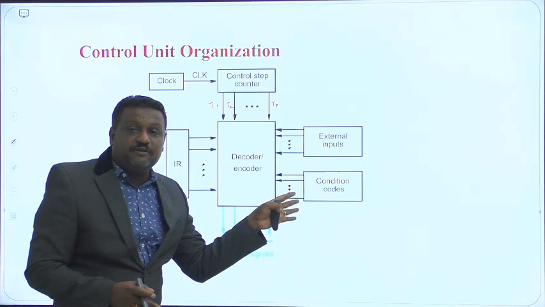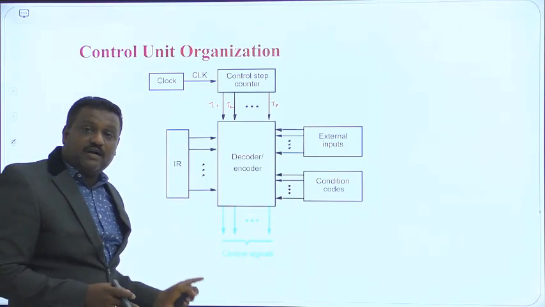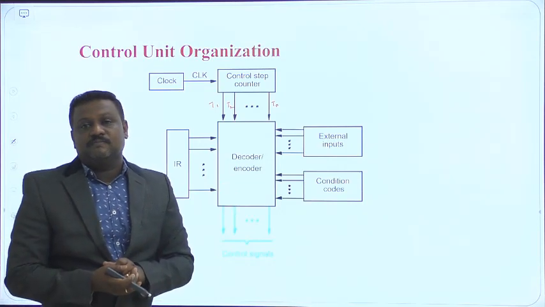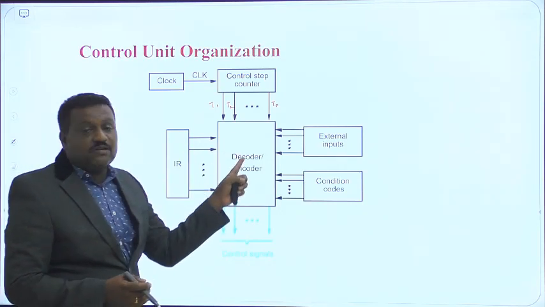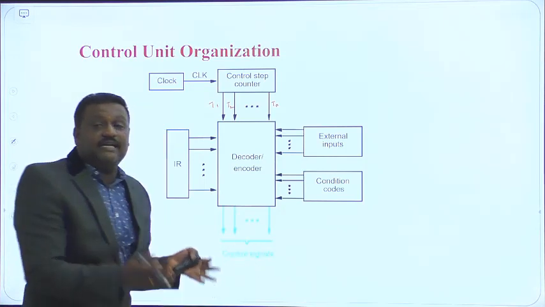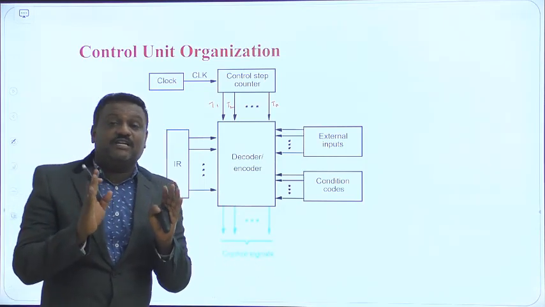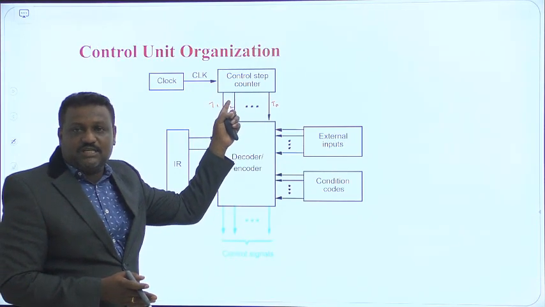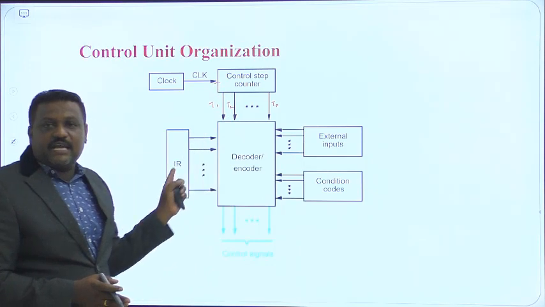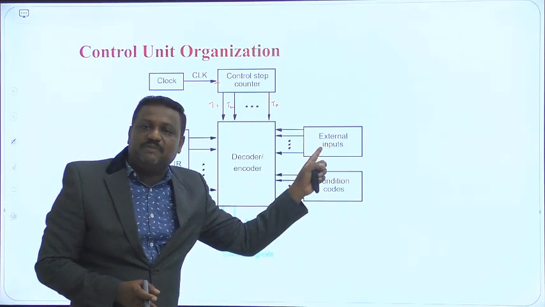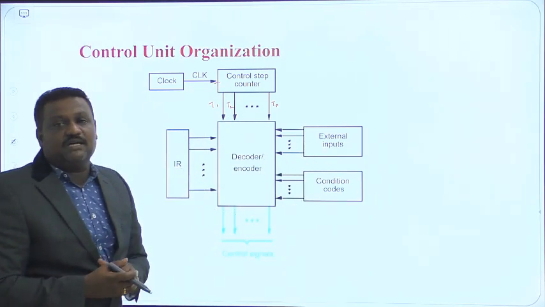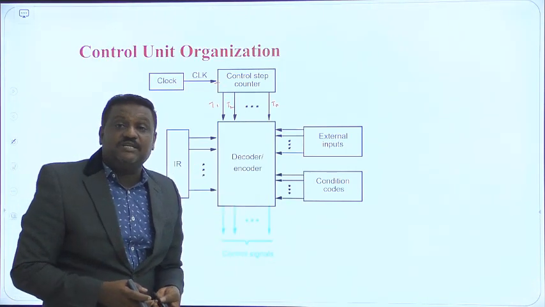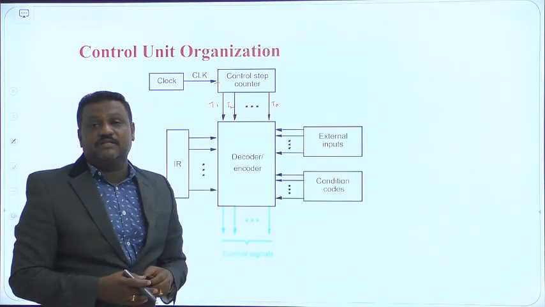By receiving that information also, I can go on to generate the control signals at the output of this decoder/encoder circuit. That means this decoder/encoder circuit generates the control signals at its output by considering four different pieces of information. One is the clock signal coming through this control step counter, second is the IR information, third is the external inputs, and fourth is the condition codes. By considering all these things, my decoder/encoder circuit will generate the control signals.